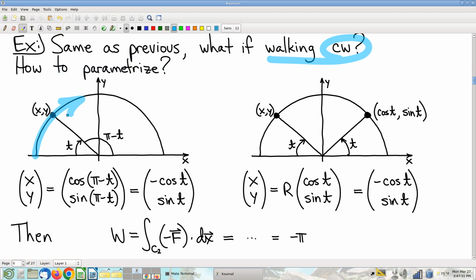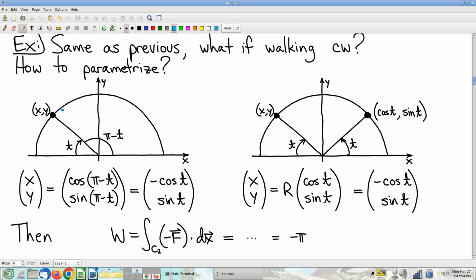This is not the same oriented curve. This is a different oriented curve, right? Different orientation in particular. Now, how do we parameterize this? I'm going to show you two different ways to parameterize this. Well, let's see, I guess I should say I'm going to show you two different rationales for finding a parameterization for this.